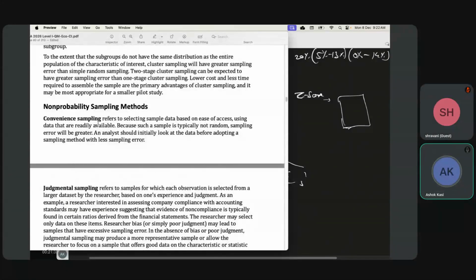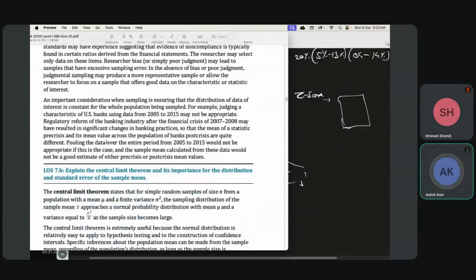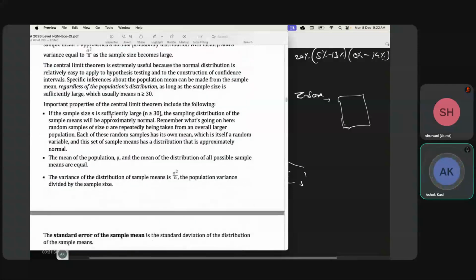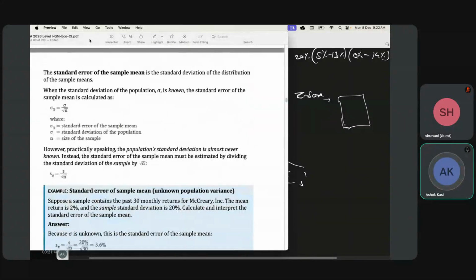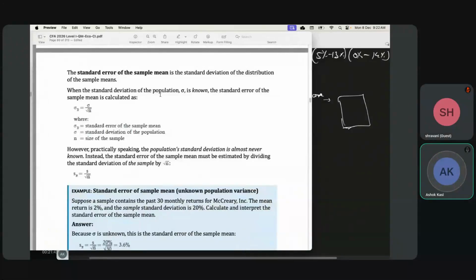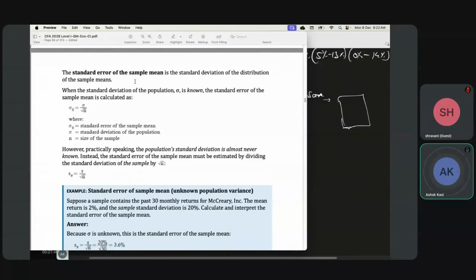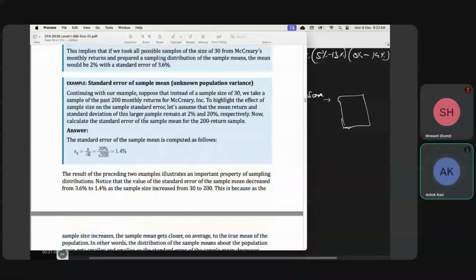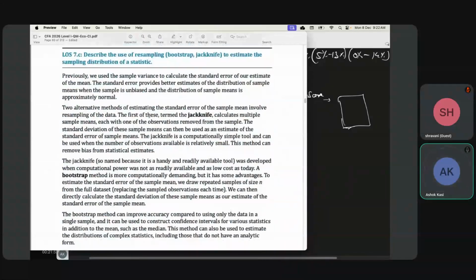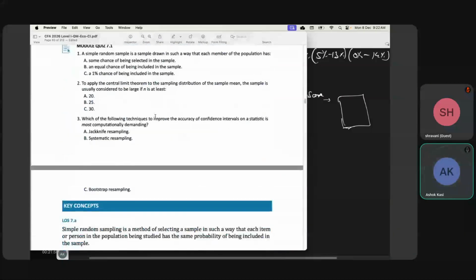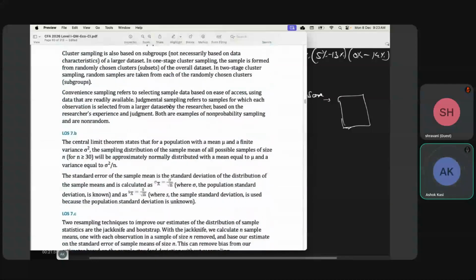Non-probability sampling includes convenience sampling, judgmental sampling. Then standard error. Now I'll directly go to hypothesis sums. I think these are all theories that you should be able to read and do.